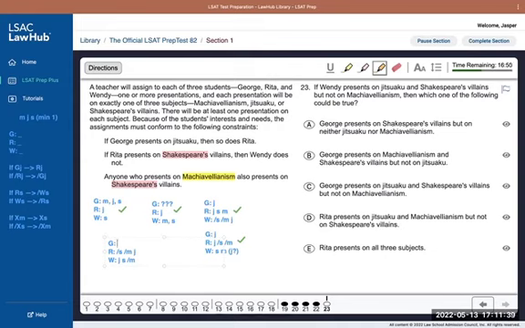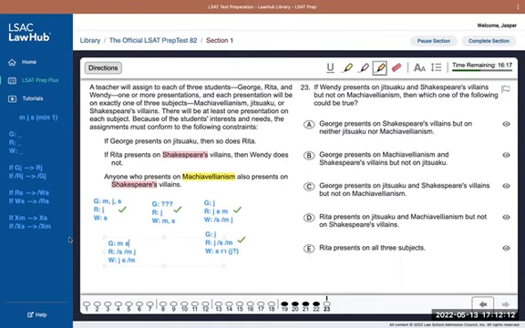G is open-ended except for one thing. G absolutely must present on M because R and W do not, and someone has to present on M, right? There will be at least one presentation on each subject. So G presents on M, which means G also presents on S, right? Rule 3. The fact that G presents on S doesn't trigger anything. So we've kind of run out in terms of linking up those conditional statements.